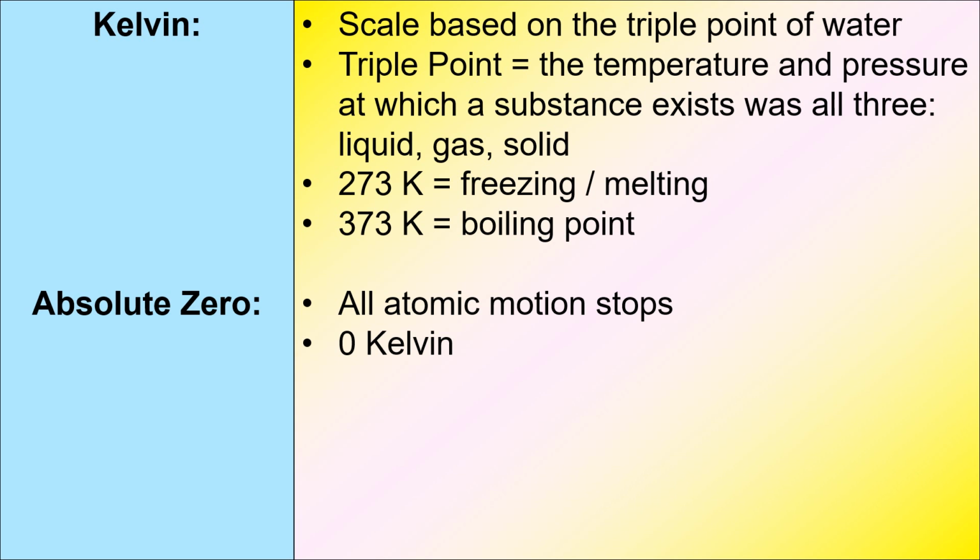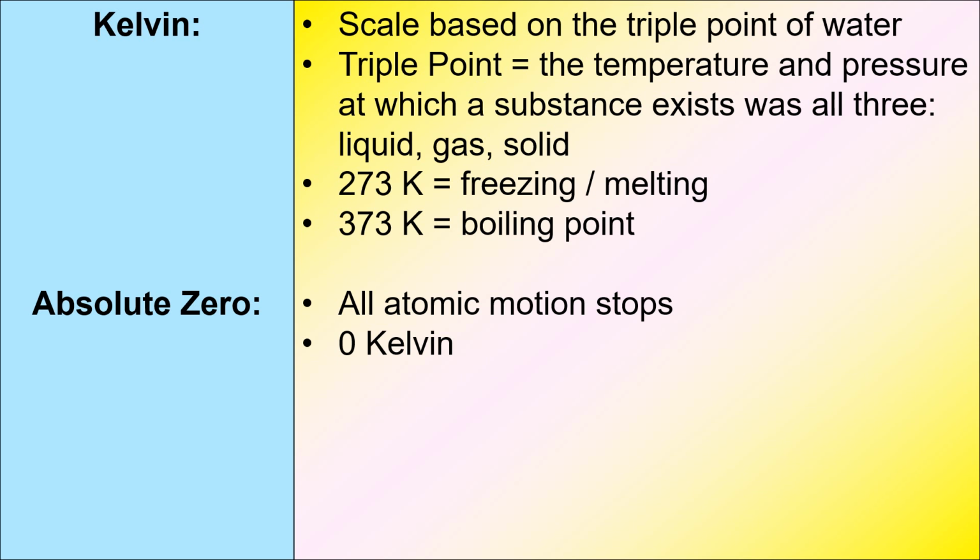So for Kelvin, the way it works out is the freezing melting point of water is 273 Kelvin, and the boiling point is 373. So really weird measure.